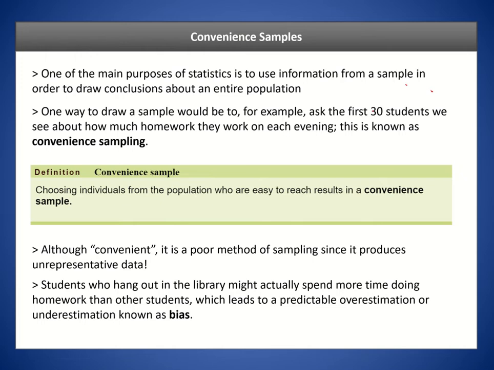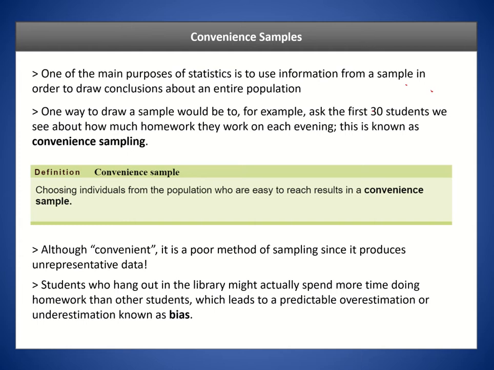So if you're doing a sample on how much homework they work on each evening, and you're in the library and you ask the first 30 students there, well, that's convenient to just look at the first 30 students that you see in the library. But keep in mind that those students that actually are in the library, or maybe they might get there first, will actually do more homework on average because of this phenomenon known as bias, right?